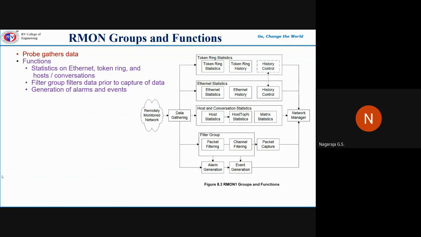And lastly, we have the filter group. I think all of you have already worked on this, right? When we want to apply filters to analyze your network, obviously those things are much more useful here. The filter group is used to base the capture of filtered packets on logical expressions.